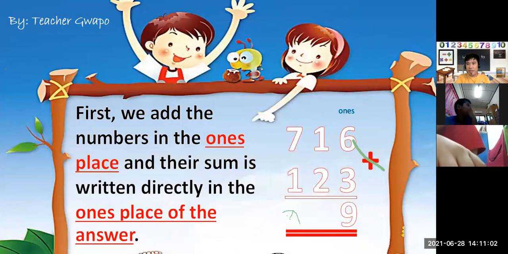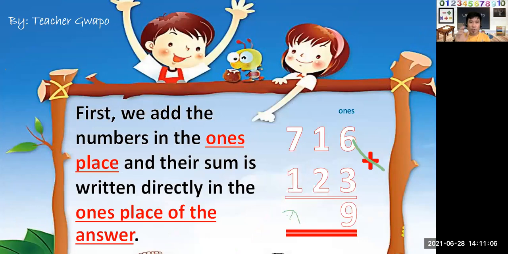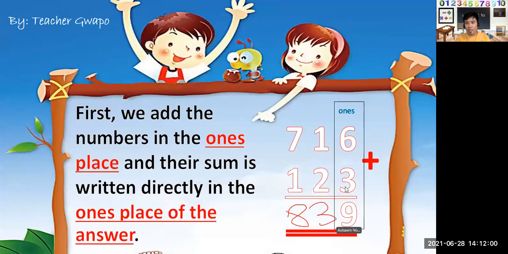First, let's say for example here, first we add the numbers in the ones place, okay? As you can see here, 6 plus 3 is equal to 9. Now here we are adding numbers in the ones place, and that's the first thing that you need to do.